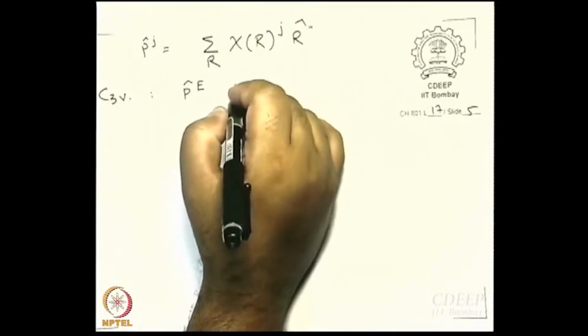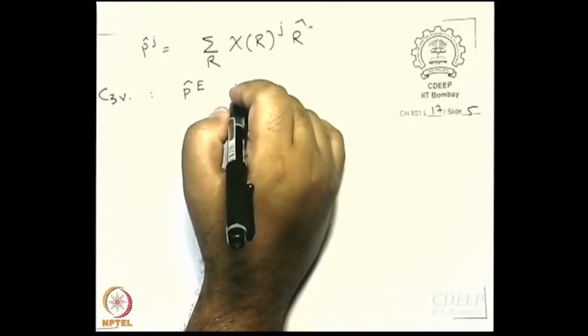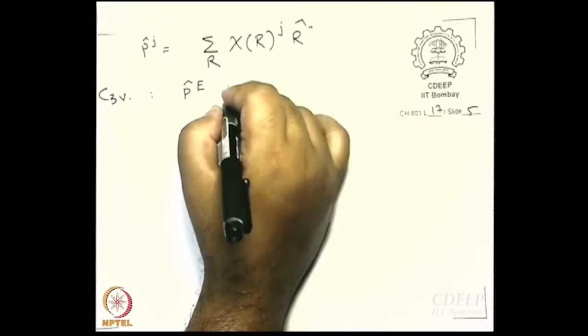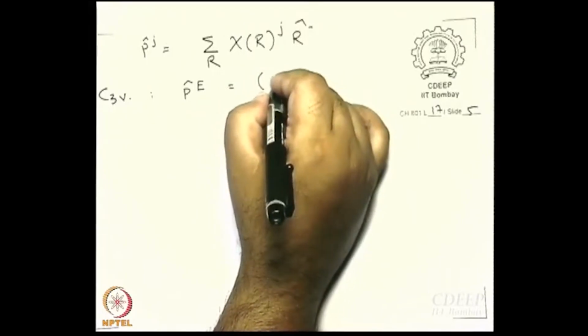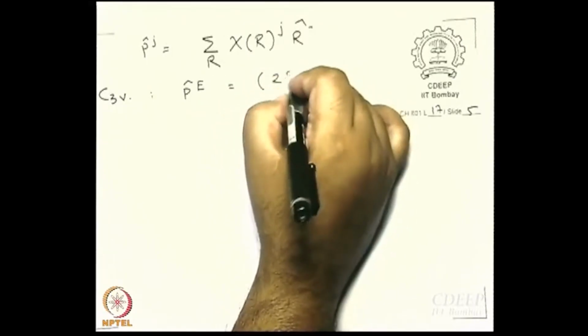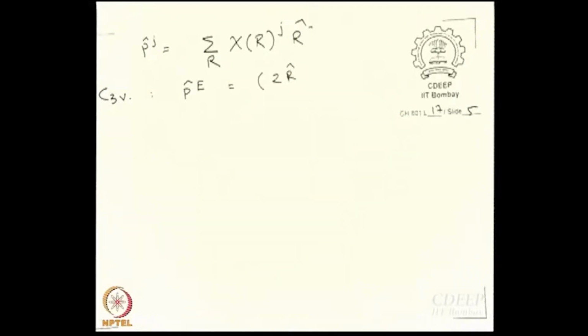So what will that be equal to? Two R hat. What is the character of E? What is the character of identity in the E representation? Character of E in E could be confusing.